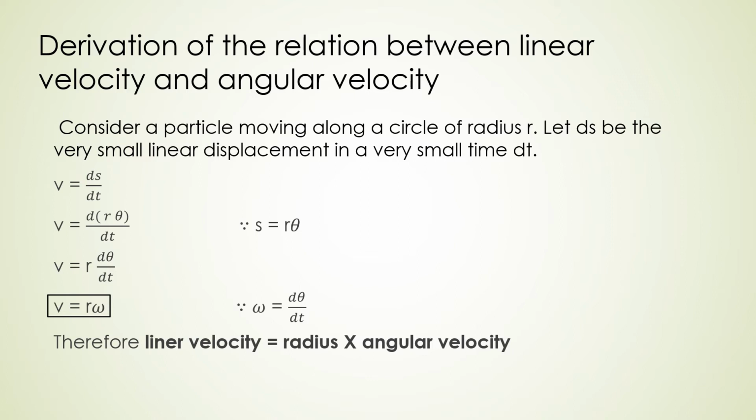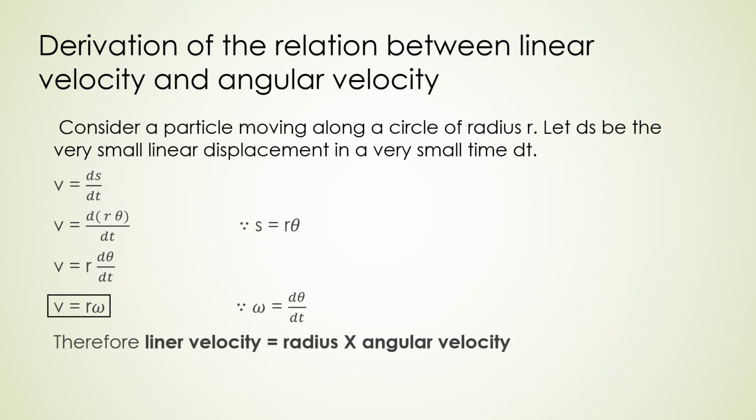Substituting the value of s, we get v is equal to d of r theta divided by dt. We write the equation again as v is equal to r into d theta by dt. What is this d theta by dt? That is the instantaneous angular velocity, so we can write it as omega.